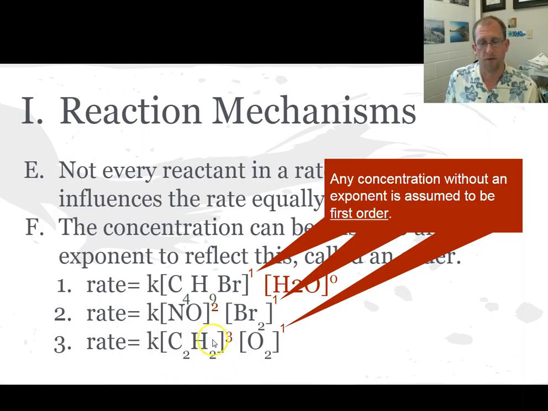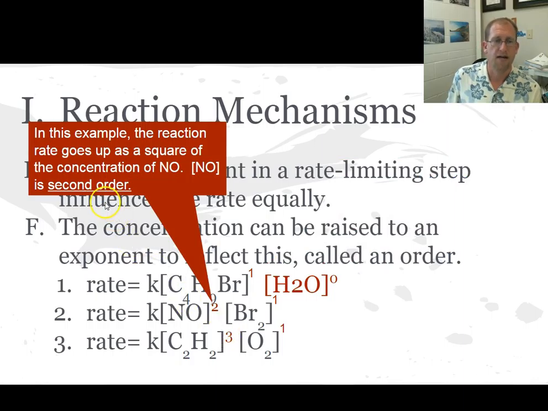There are some examples where there's a 2 up there, or a 3, right? A second-order reaction. What that means is that the more we increase the concentration of, in this case, nitrous oxide, it actually doesn't increase the reaction rate proportionally, it increases it exponentially. So if I double the concentration of nitrous oxide in this particular example, the reaction rate actually goes up by a factor of 4.